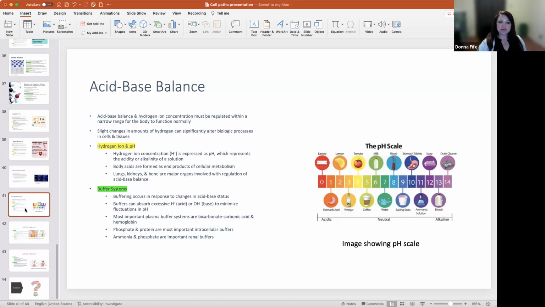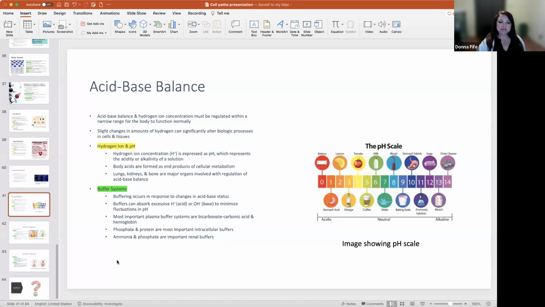The hydrogen ion concentration is expressed as pH, which represents the acidity or alkalinity of a solution. Body acids are formed as end products of cellular metabolism. The lungs, kidneys, and bones are major organs involved with the regulation of acid-base balance. And here's a scale showing the pH scale going from acidic into neutral and over to alkaline.